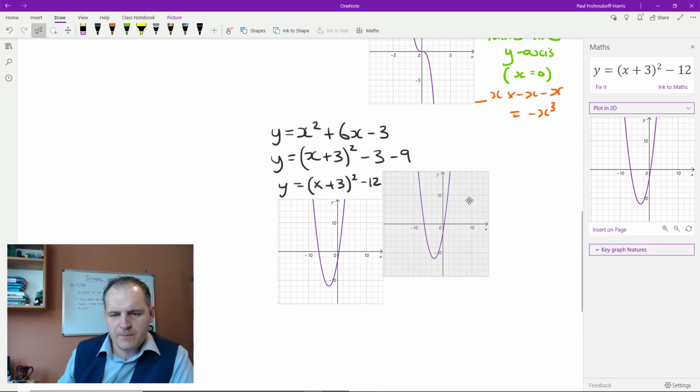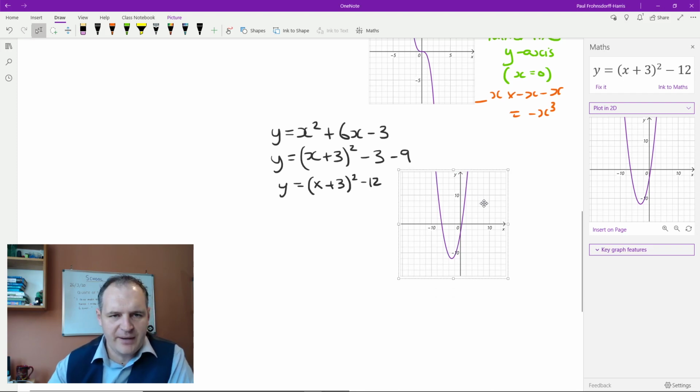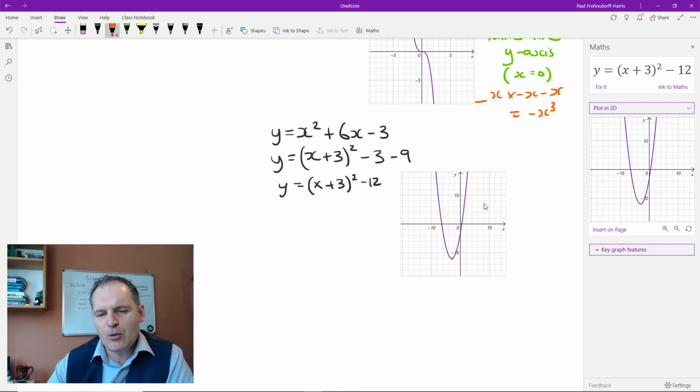This graph, this bottom bit, we should know by now that an x squared graph has one stationary point, or a lower point, or a minimum point, and this point is at minus 3, minus 12. This completing the square, if we understand our transformations, tells us the minimum point on the graph.